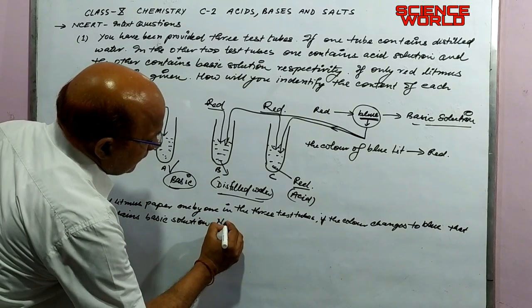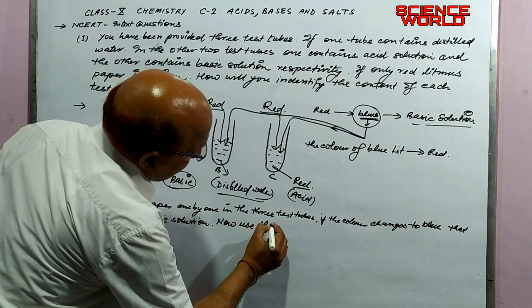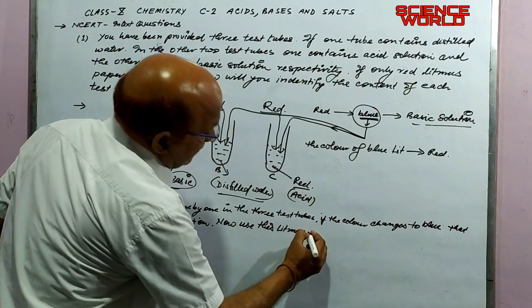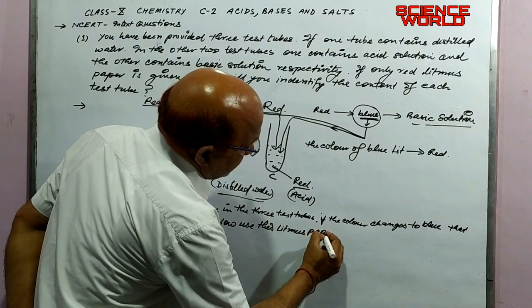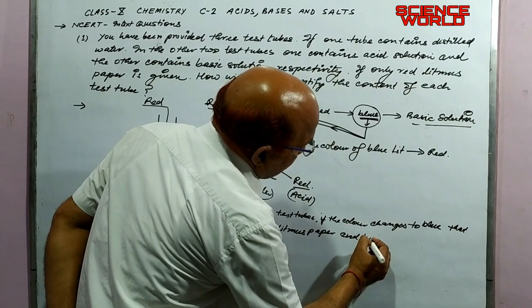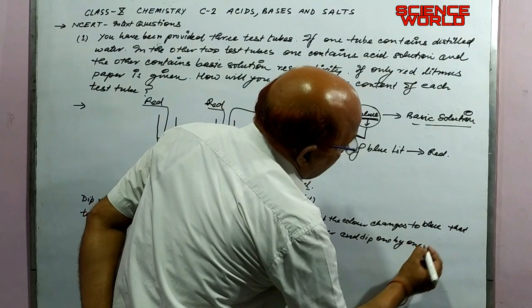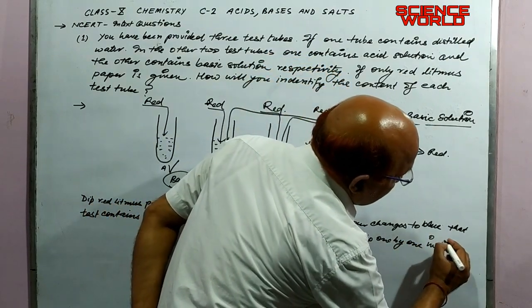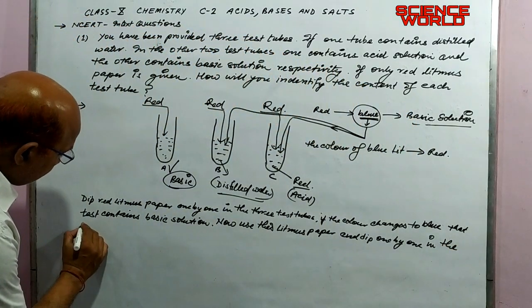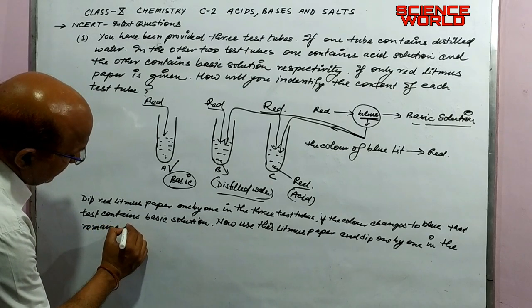Now use this litmus paper and dip one by one in the remaining two test tubes.